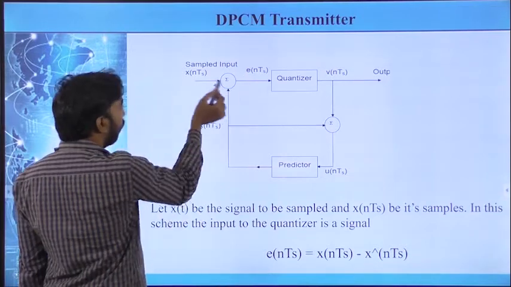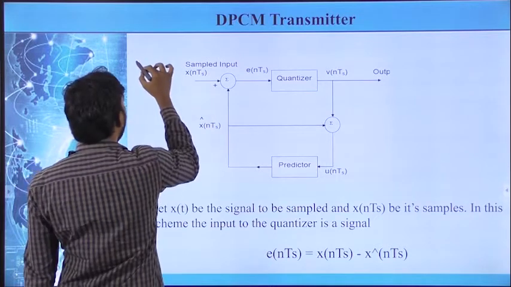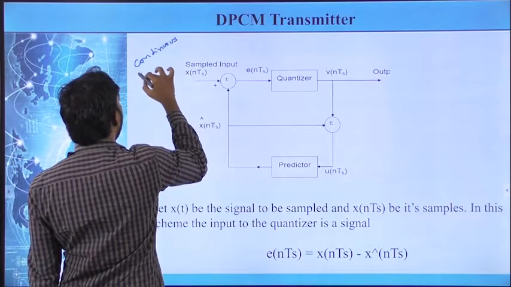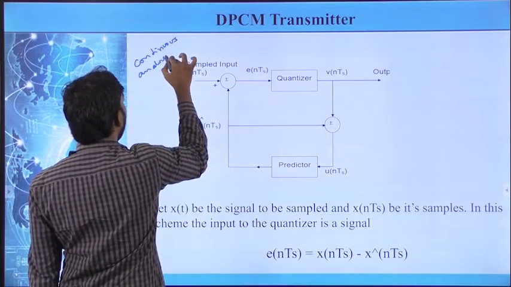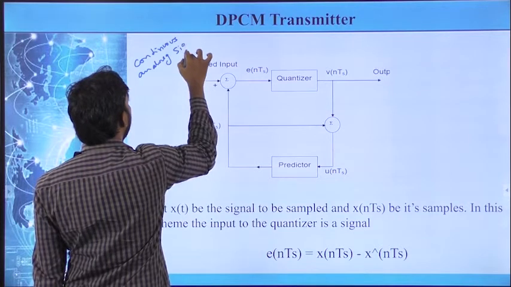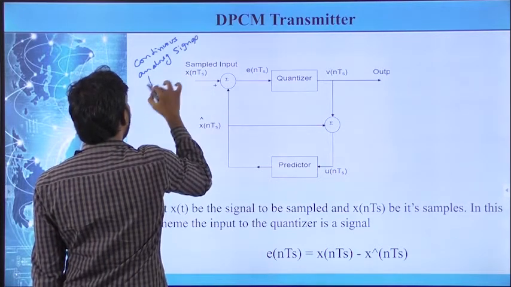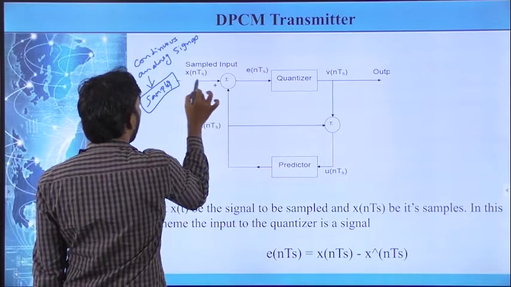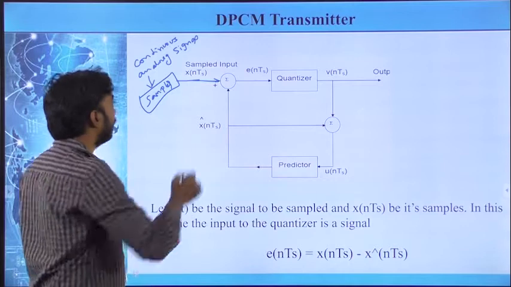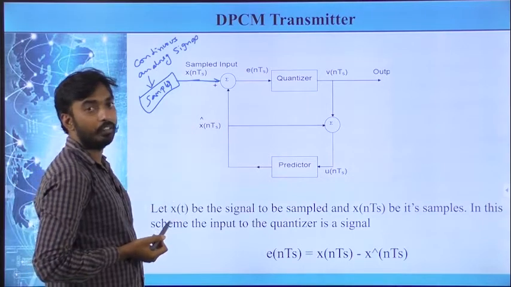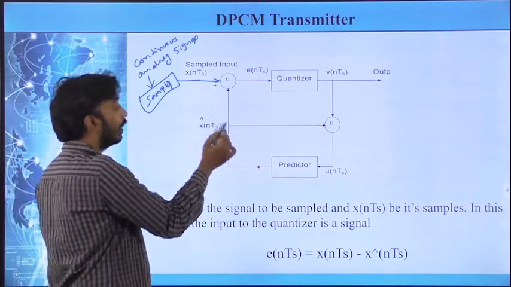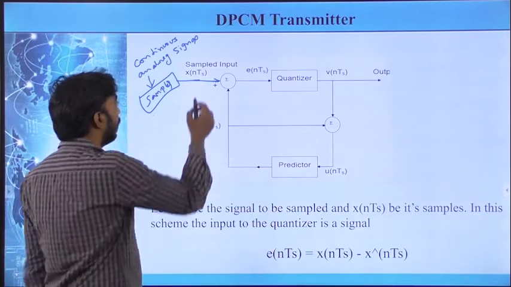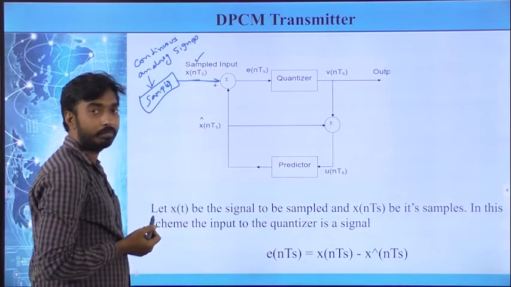Now the continuous analog signal I have to give to the sampler, then the sampled input will come into picture. X of nTs means the sample input occurs at Ts, 2Ts, 3Ts, right? That is the meaning of X of nTs.